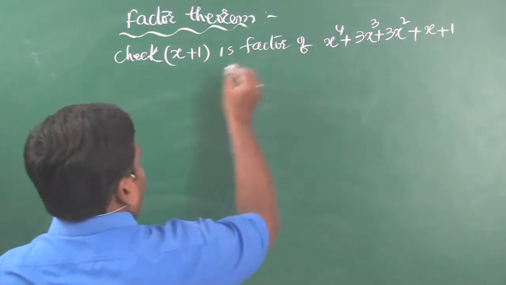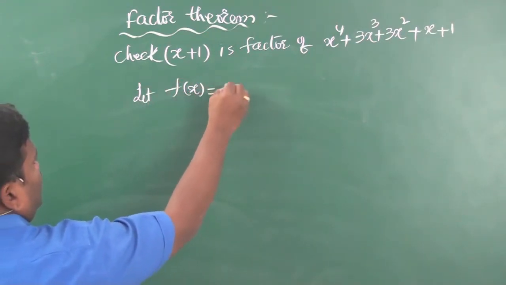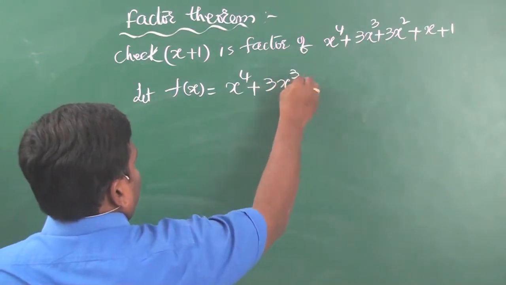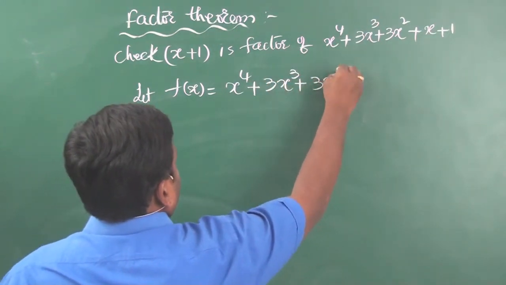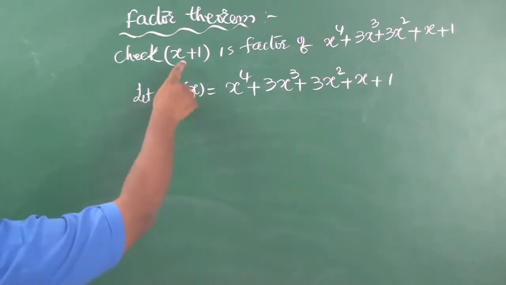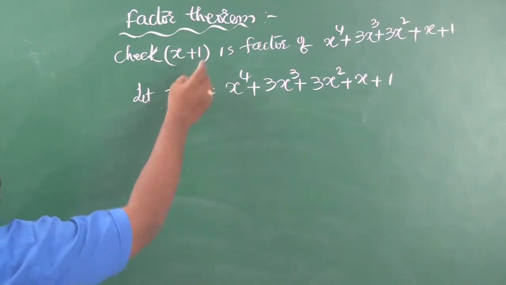Assume this is f of x, equal to x power 4 plus 3x cube plus 3x square plus x plus 1. Therefore, the zero of x plus 1 is minus 1.